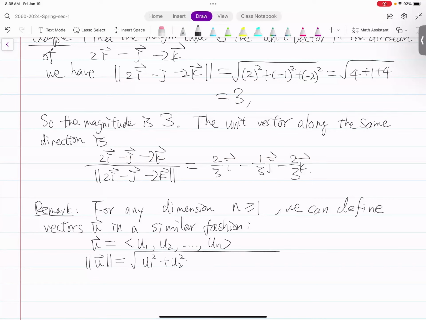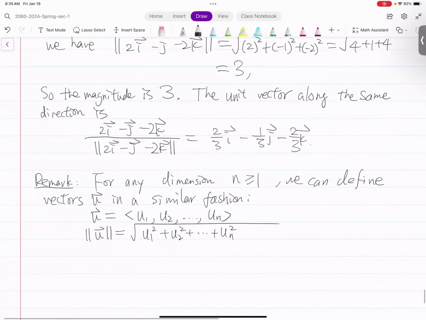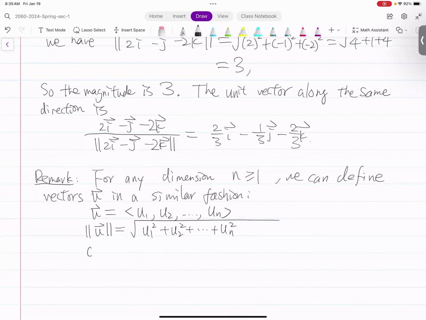It's the components all squared and added up, and then we take the square root. And if you think about scaling, if you have a c multiplied in front of the vector u, that's component-wise scaling: you multiply the same constant in front of each component.